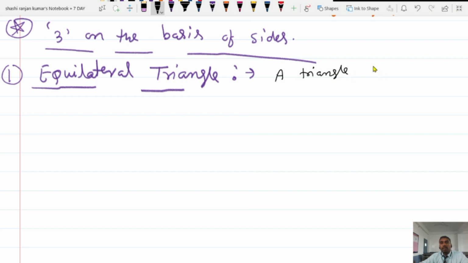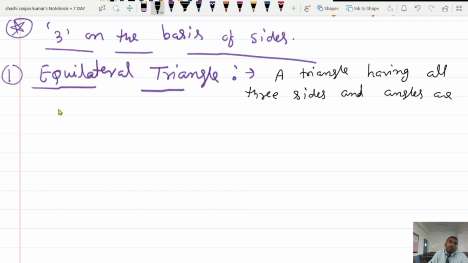The triangle having all three sides and angles equal is known as an equilateral triangle.